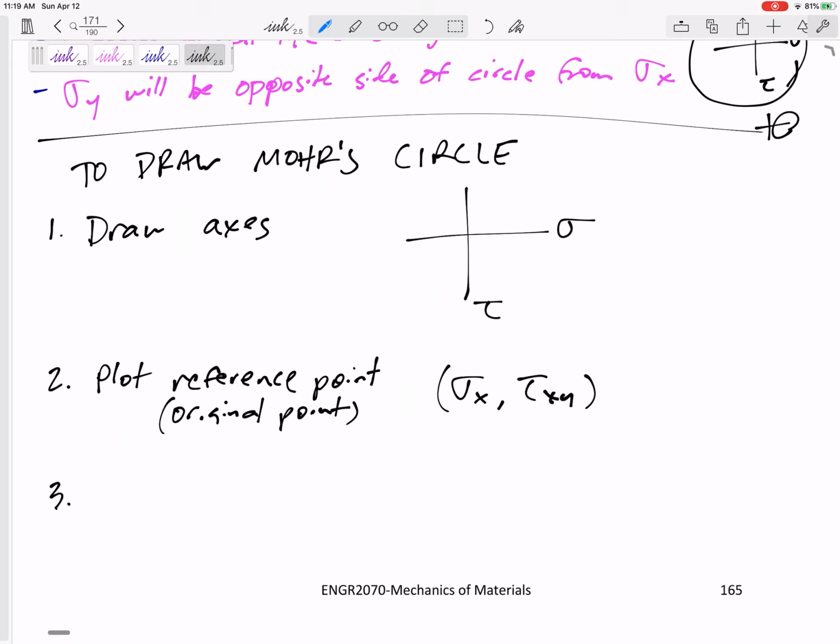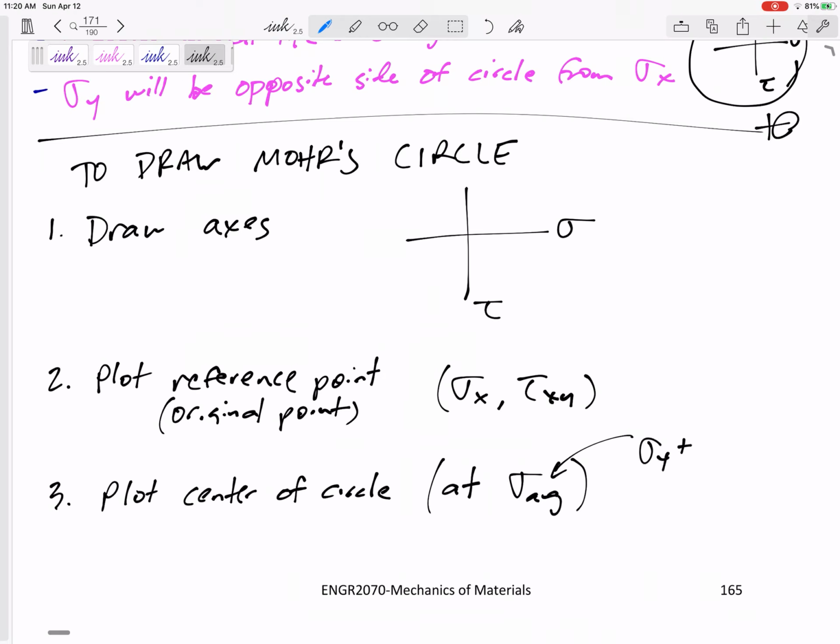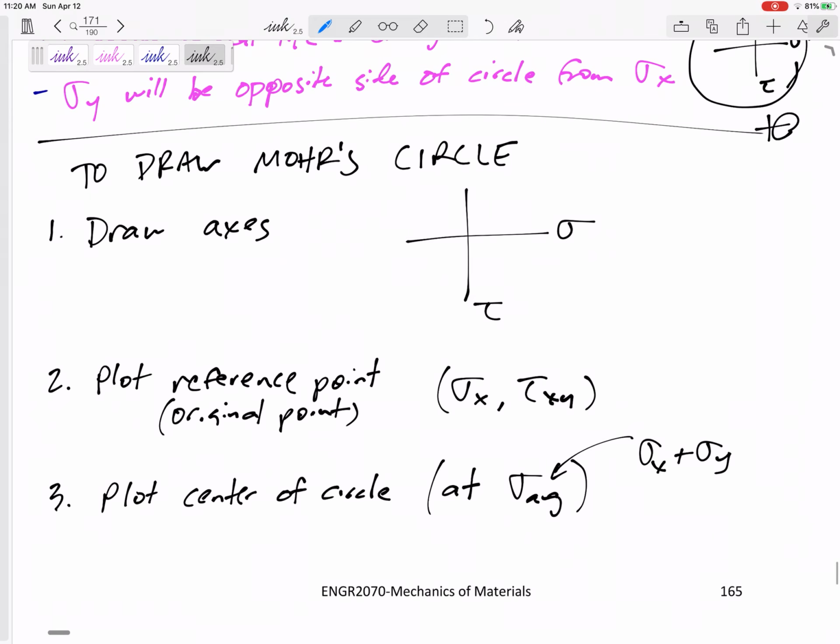Step 3. Plot the center of your circle. Where? At sigma average. When I'm finding sigma average, I'm taking the average of sigma x and sigma y. How do you find the average of two numbers? Take those two numbers and divide by 2.